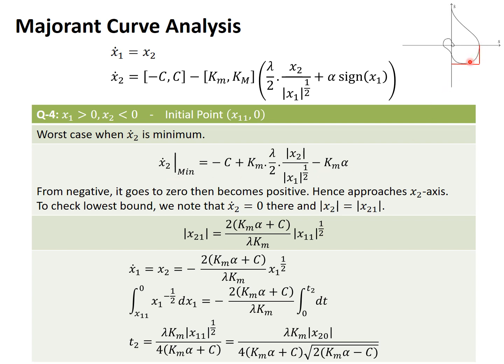So, we are actually decreasing, but if we keep on decreasing all the while, then we will move out, we will have instability. So, we have to check whether this thing becomes 0 somewhere, and later on if it goes on to become positive, then only this sort of a shape can come in. So, it is negative, it becomes 0 somewhere, then again becomes positive, then only it can come back and cross the x2 axis. So, we analyze this.